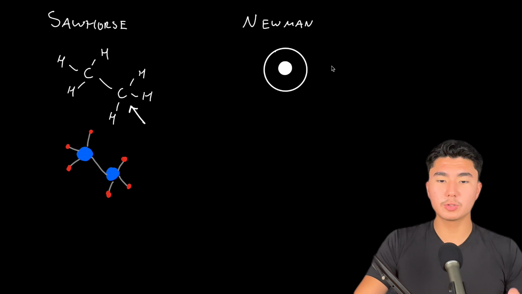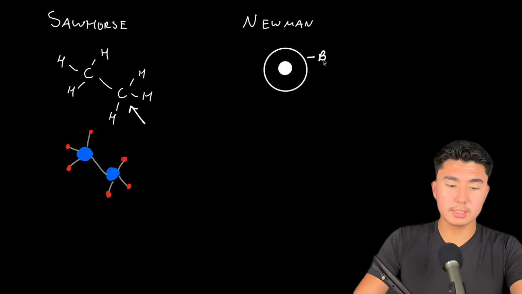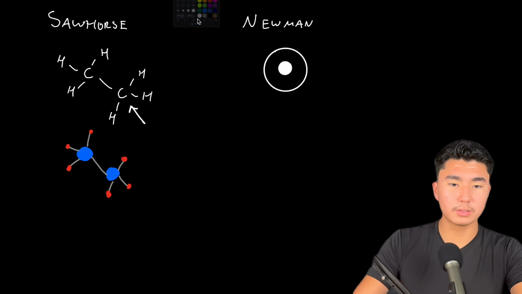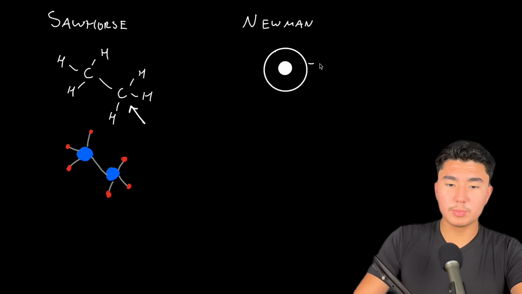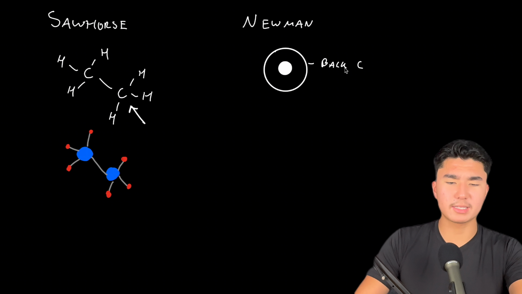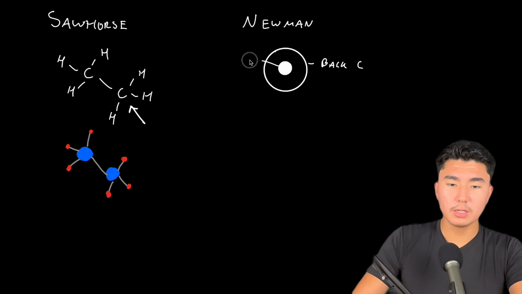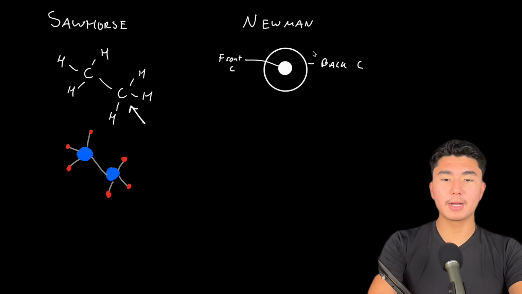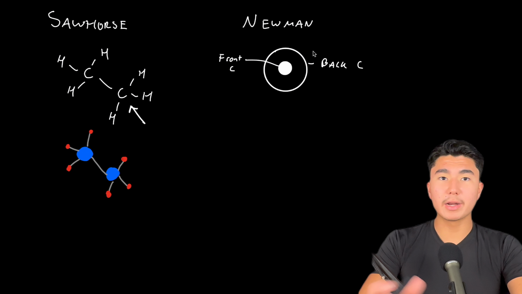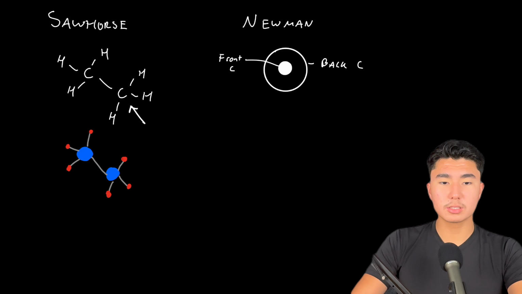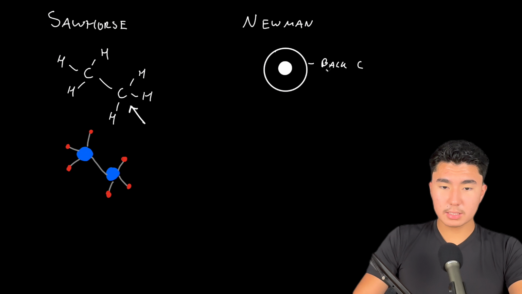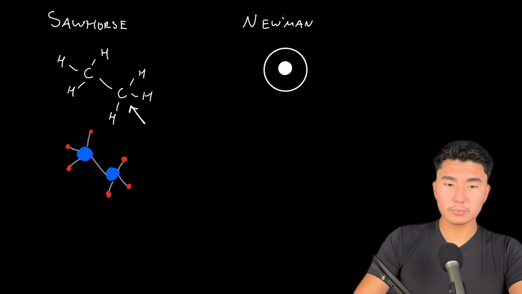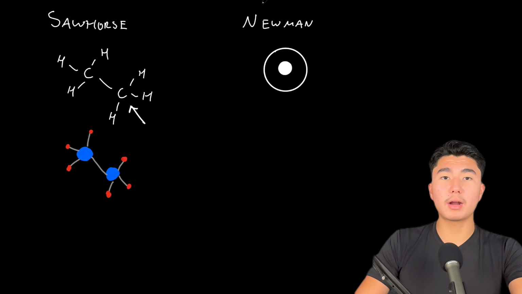So I'm going to label this real quick. Let me do a smaller font to label that. This is going to be our back carbon, so I'll just do back C. And this dot over here will be our front C. So hopefully you can write that down, because I'm going to erase it and write out some of our hydrogens real quick. And now let's bring in our hydrogens.